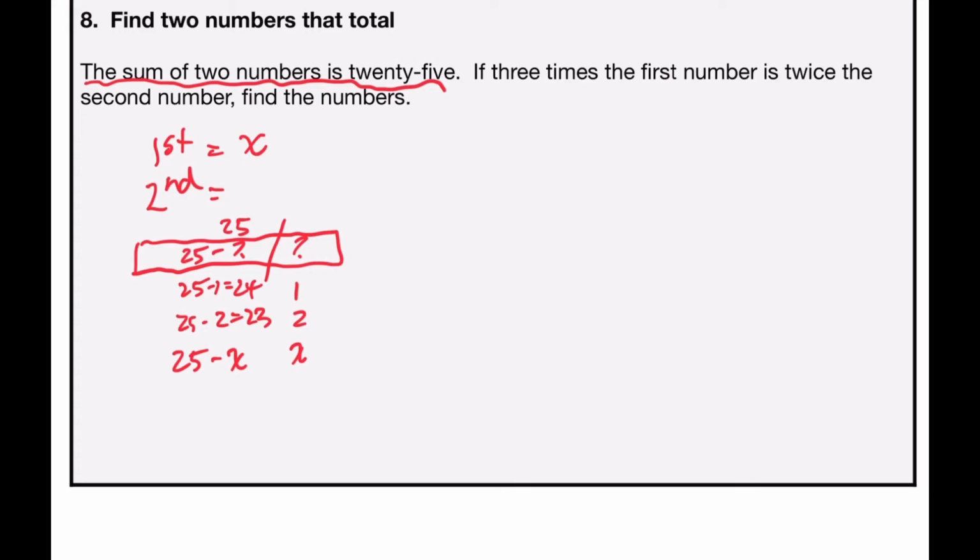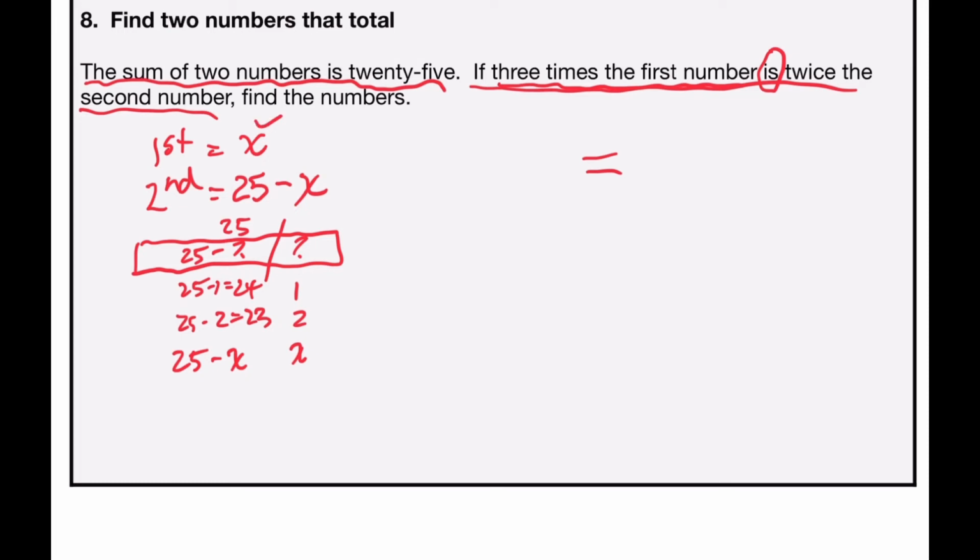And so my second number is always going to be the total, 25, minus the first number, which we'll always define as x. The second part is just translation. It says if 3 times the first number is twice the second number, find the numbers. So I have my word is, that's my equal sign like we did in the first few problems. The left side expression is 3 times the first number.